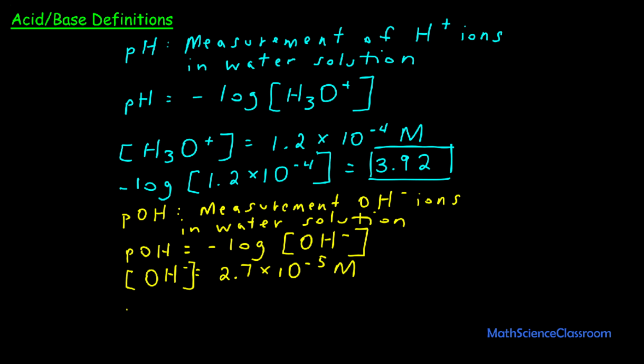So the pOH equals the negative log of 2.7 times 10 to the minus fifth power. Punch that into our calculators. And the result is 2.8 pOH.